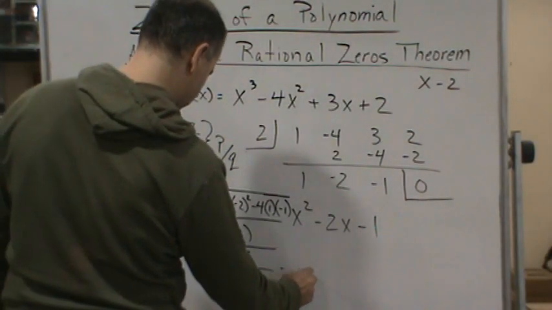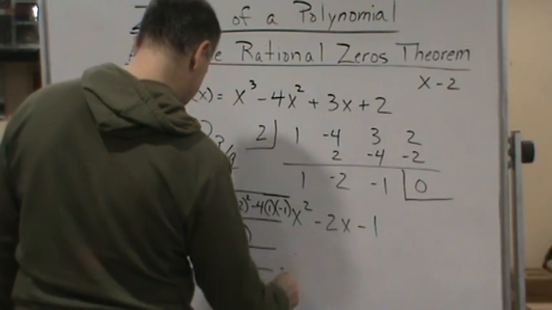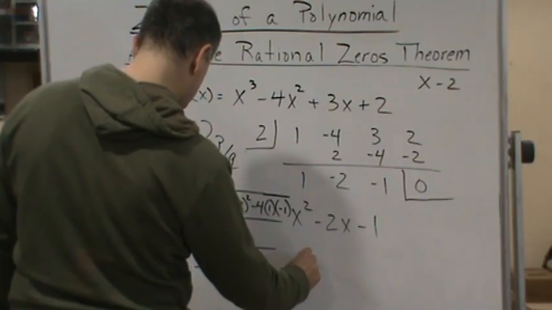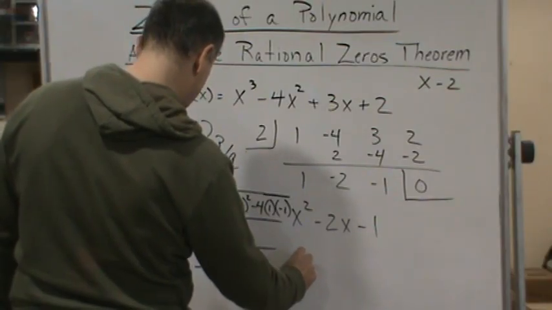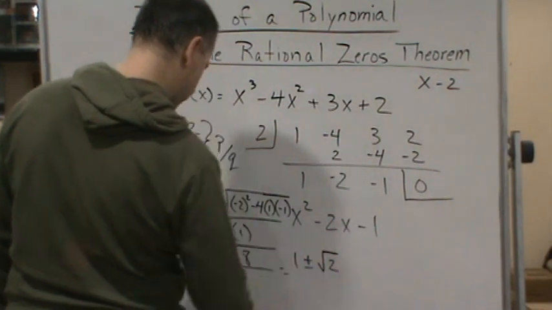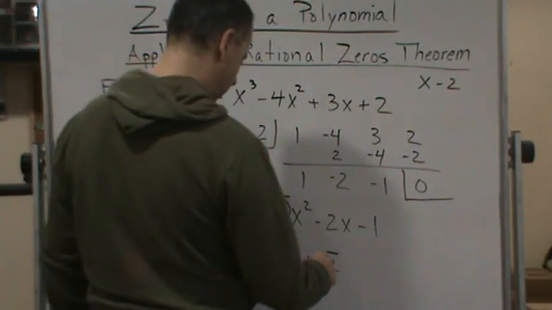So this is going to simplify to what? 1 plus or minus the square root of 2. And so now we've found the zeros.